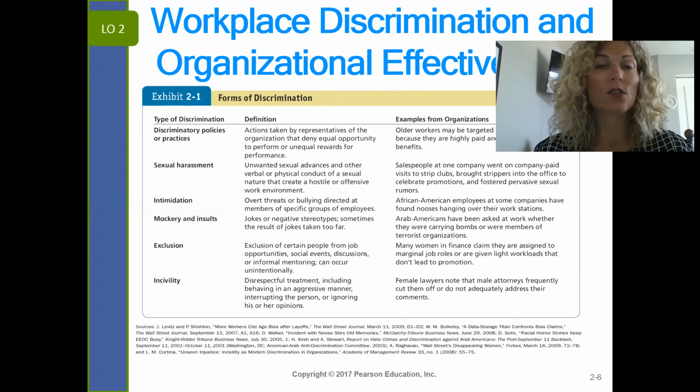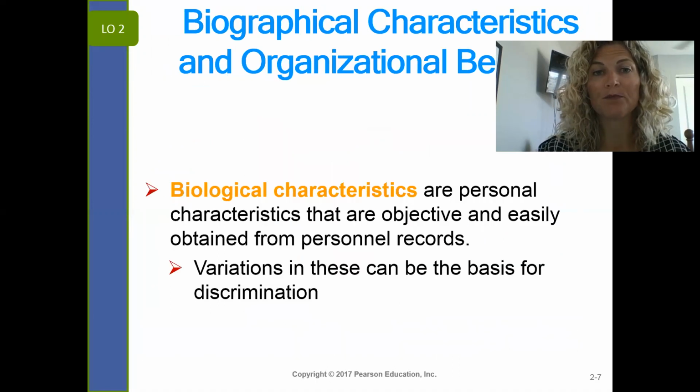Sometimes this is intentional discrimination, sometimes it's unintentional, and regardless, it creates an environment that's stressful and unfair, that increases turnover and increases absenteeism. These are all factors that organizations are very concerned about and recognize as important. So we want to create an environment that supports diversity, providing training for our managers and for our employees, so we can minimize this discrimination from happening.